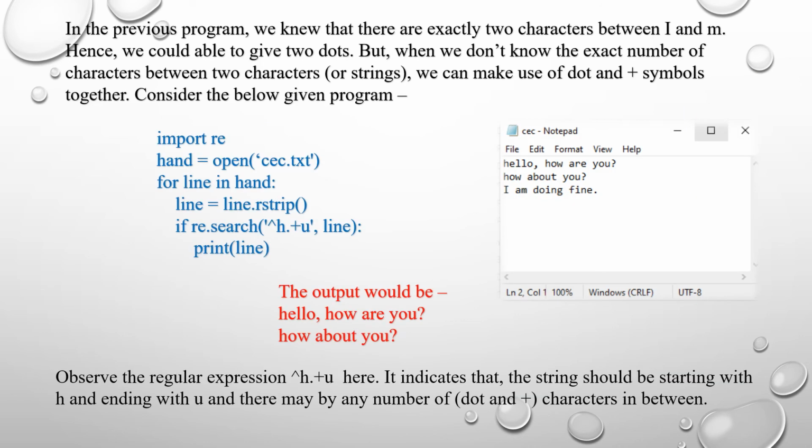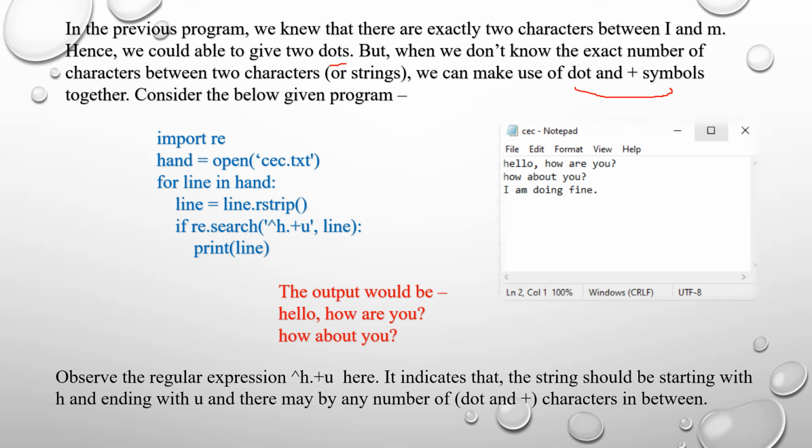In the previous program, we knew that there are exactly two characters between I and am, hence we could give two dots. But when we don't know the exact number of characters between two characters or strings, we make use of the dot and plus symbols together. Let's consider one particular program.